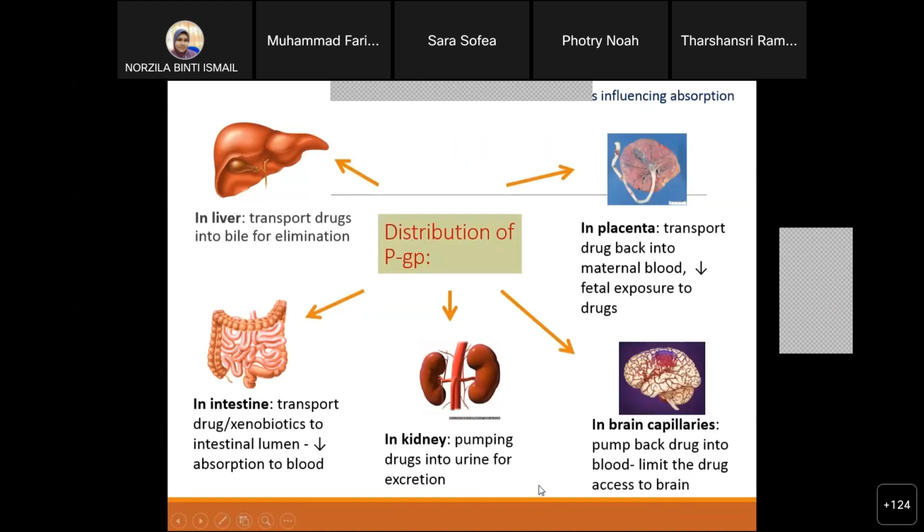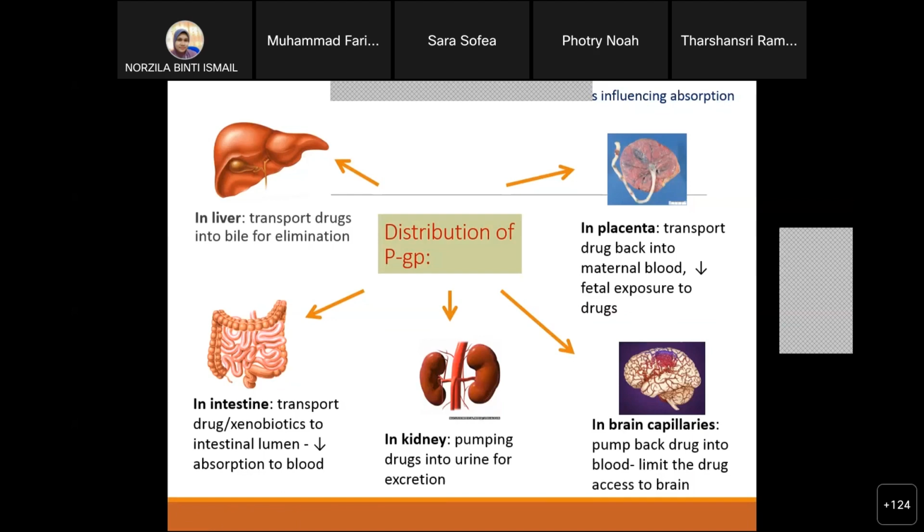In kidney, it pumps drugs into urine for excretion, and in intestine, it transports drugs or xenobiotics or any toxins to the intestinal lumen so that it can reduce absorption of the drug or toxic materials into the blood. Okay, so any site or organ that contains highly expressed P glycoprotein, the absorption at that site will be limited or very low.